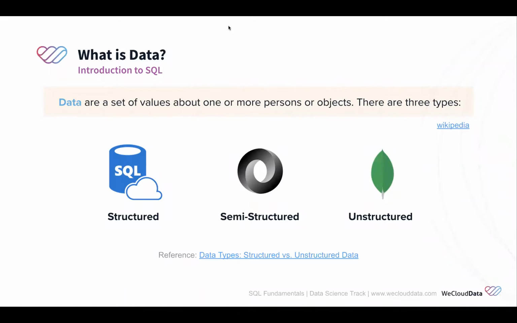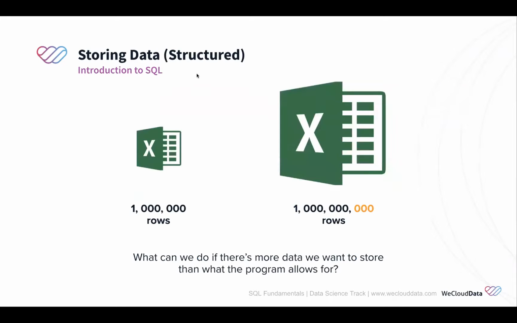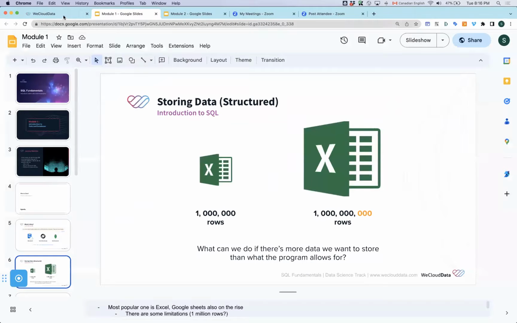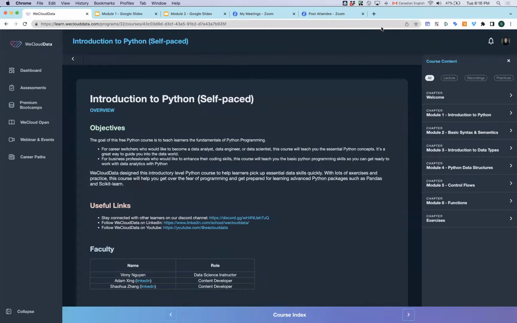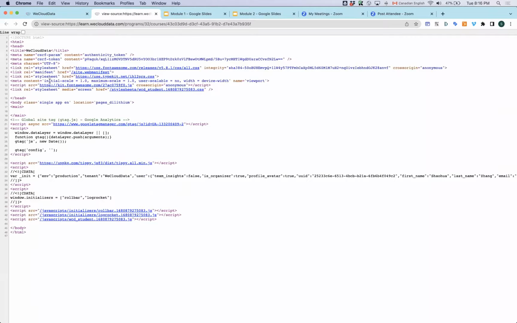These are all semi-structured data. Makes sense. So for example, if you come to this page and then you click on view page source, that's basically HTML, right? So this is actually semi-structured data.